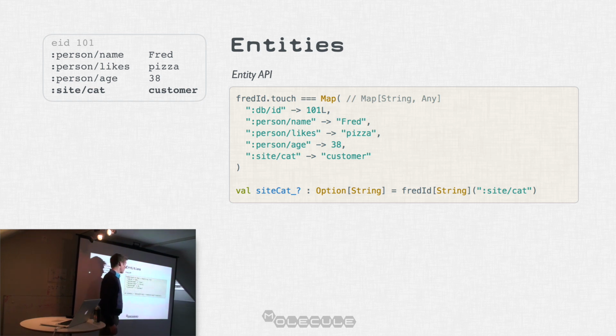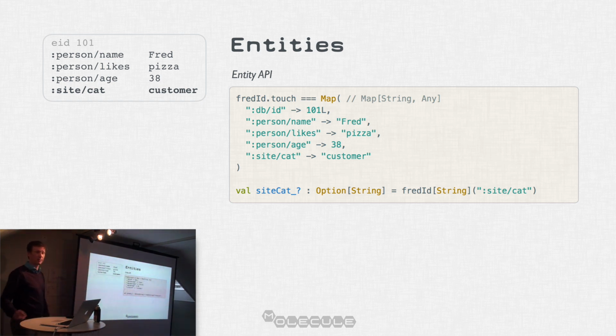If you wanted to know, for instance, that a person might have a category, I want to see if there is a category for that person. Then I know it's a type of string, so I can say an optional string. Take the ID number as a string, and look for the value of this attribute. And then I might or might not get that value.